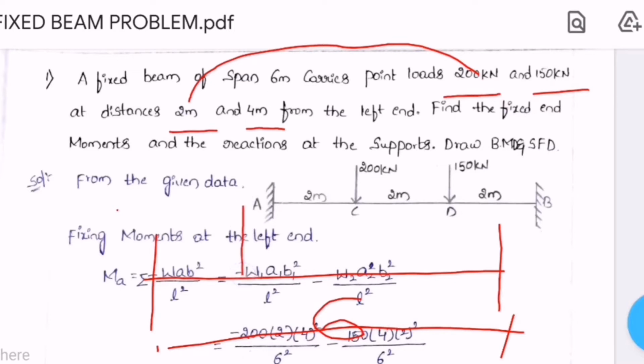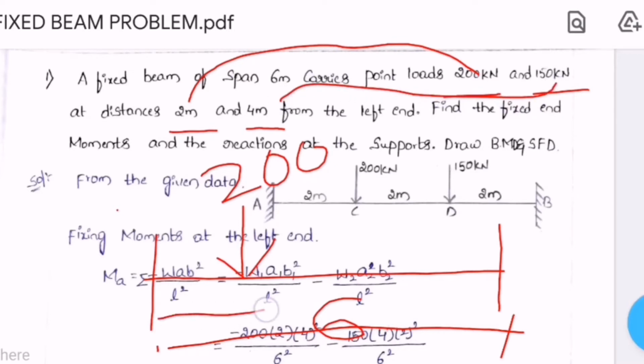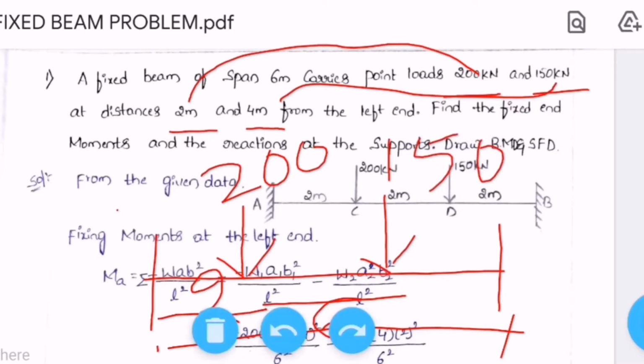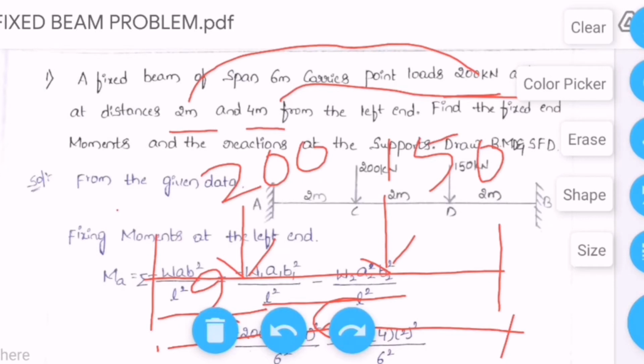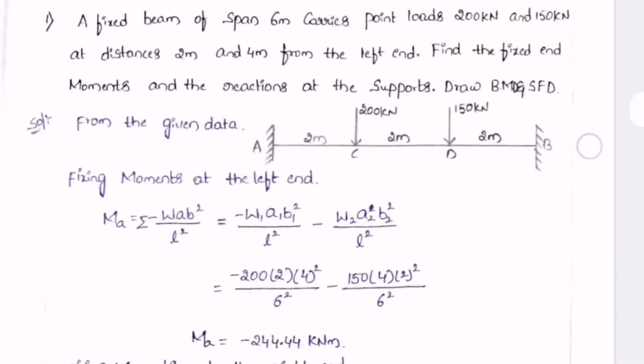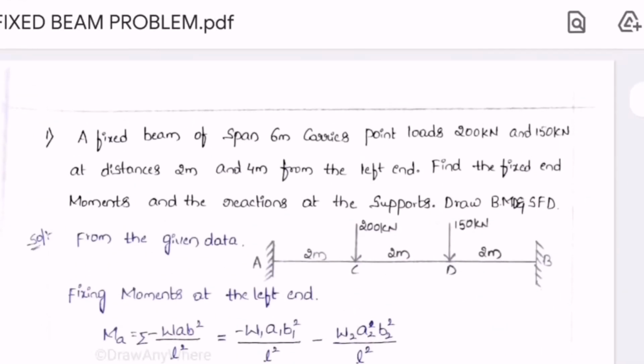So here we have to draw a point load of 200 kilonewton, and next at the fourth meter from the left end we have 150 kilonewtons. So 2 meters here, and add 2 more meters, we have one more load of 150 kilonewtons. So this is how we have to draw the diagram, and this will be the final diagram.